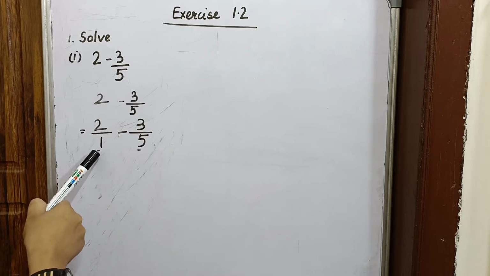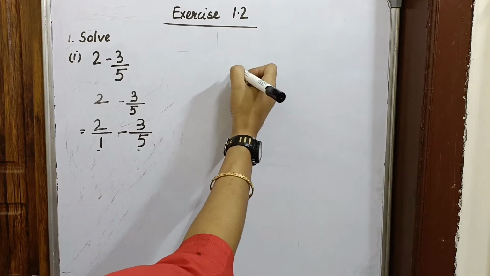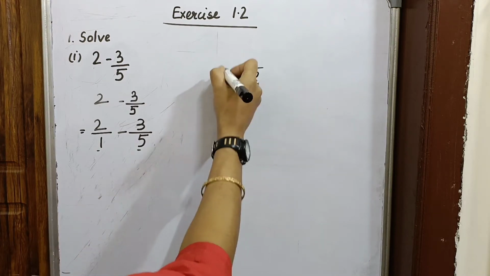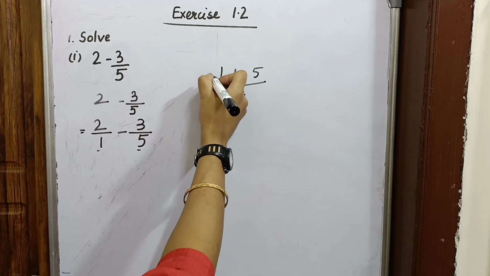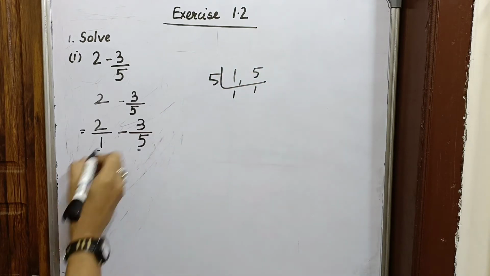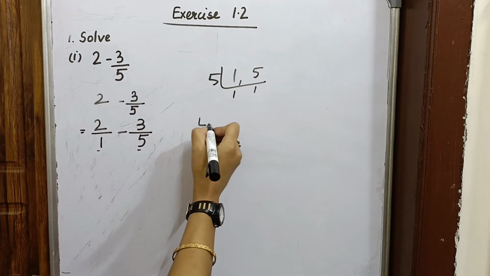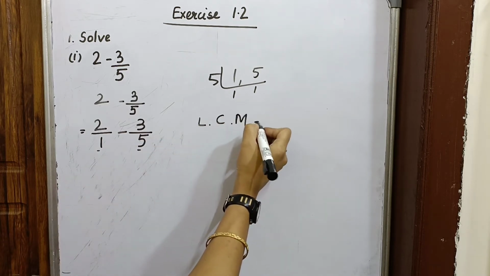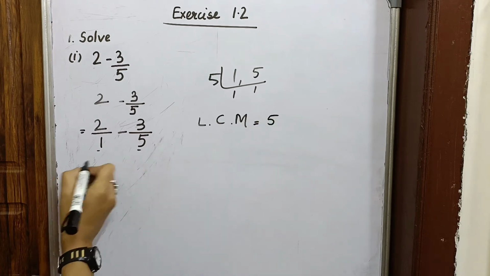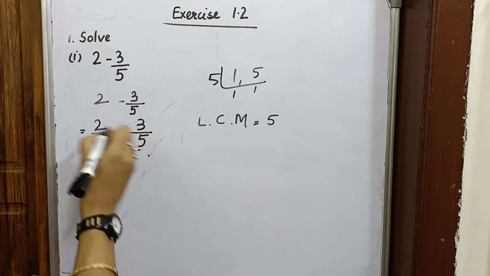Here the denominator is 1 and here it is 5, which is not the same. So we take the LCM of 1 and 5, which is 5. LCM equals 5.